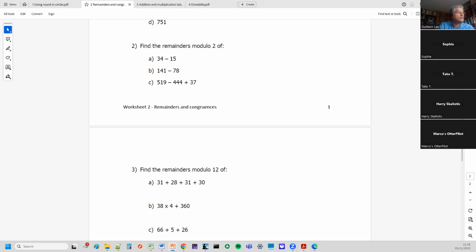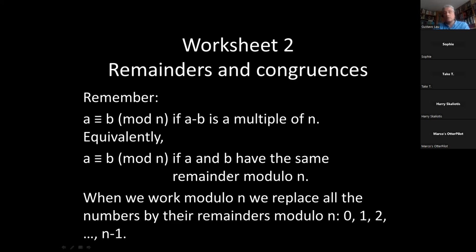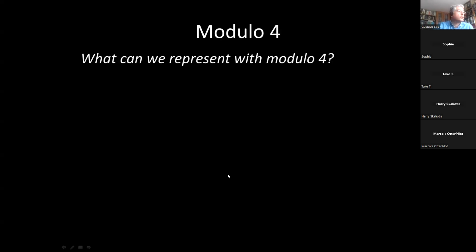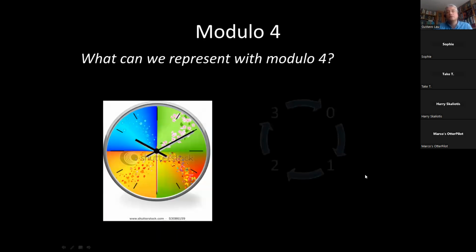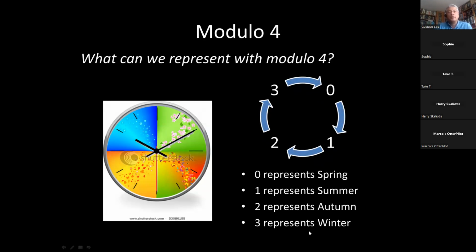Let's go back here. Okay. What can we represent with modulo 4? So we have seen modulo 2, modulo 3. With modulo 4, what? Seasons? Yeah, the standard seasons. Arbitrarily, we assign one of the seasons to 0, and then we get the rest.